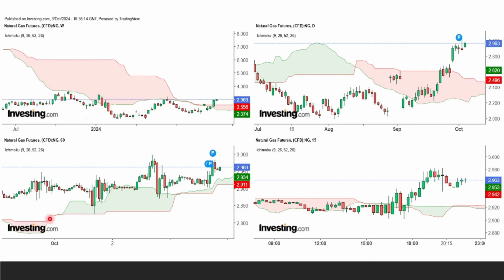This is also called bullish twist. When Senkou Span A is going above the Senkou Span B line, it is called bullish twist. And if Senkou Span A is coming down, crossing Senkou Span B and going downside like this, it is considered a bearish twist.